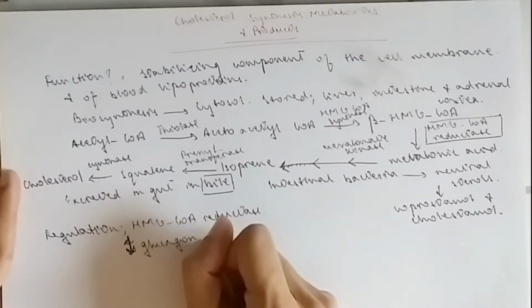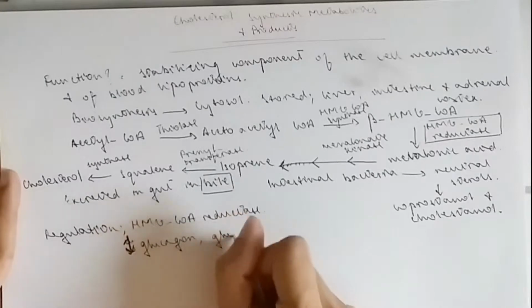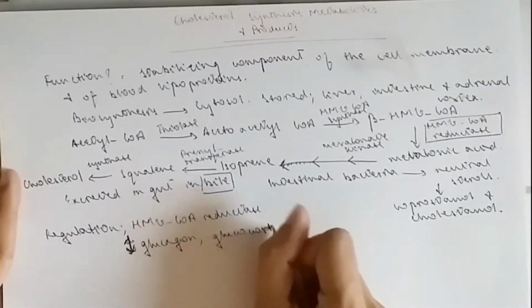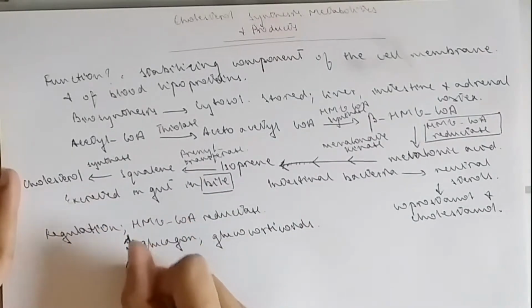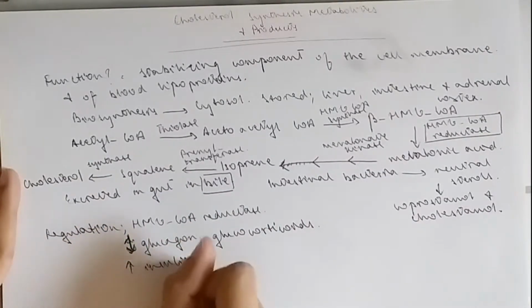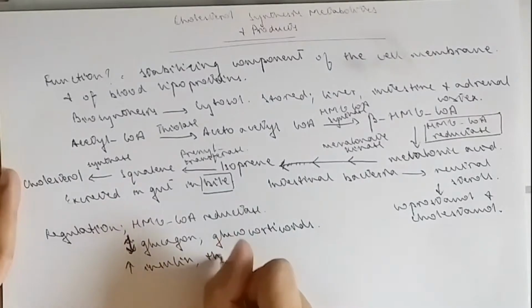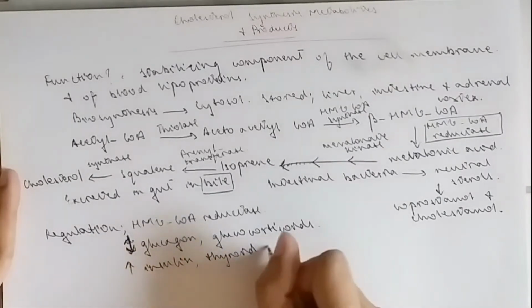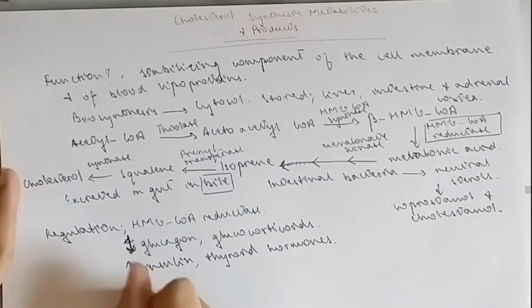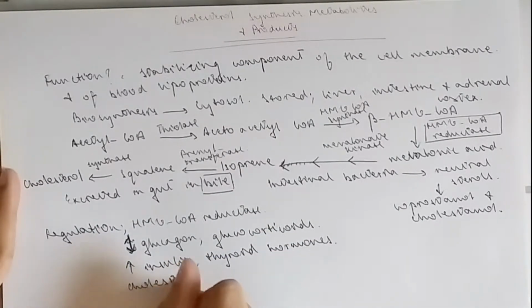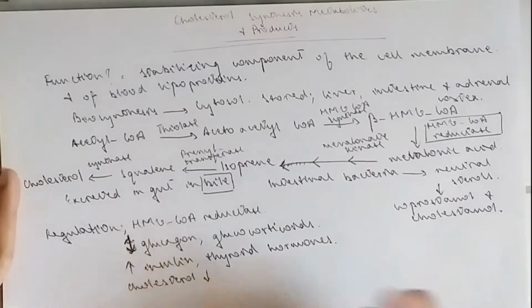So glucagon, if glucagon is elevated, the enzyme is inactive. Okay, it is reduced, and also with glucocorticoids. But insulin, on the other hand, obviously opposite to glucagon, increases the activity of the enzyme, and thyroid hormones also increase the activity, so we have more cholesterol.